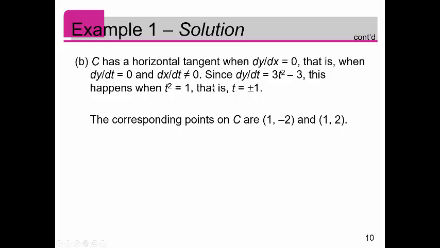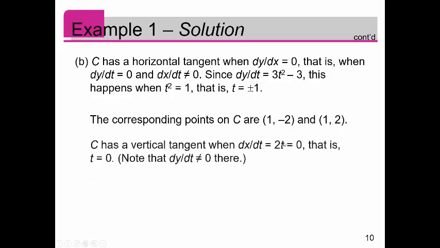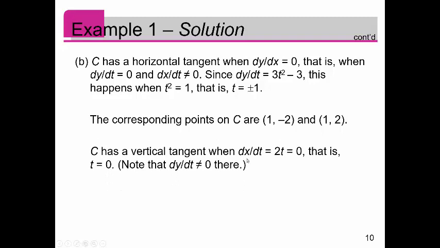If I know when that happens, I can plug positive 1 and negative 1 into my x and y equations, and I get these two points. So these points here, I know they have horizontal tangent lines, so their tangent lines are going to be flat. C has a vertical tangent line when the bottom, dx/dt, which is 2t, equals 0, so that is when t is equal to 0.